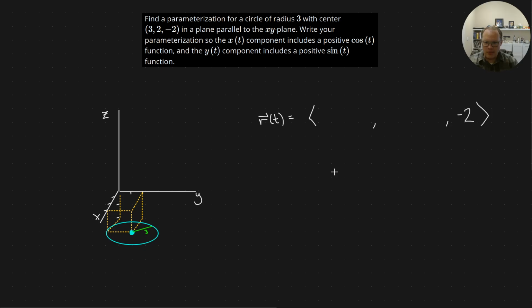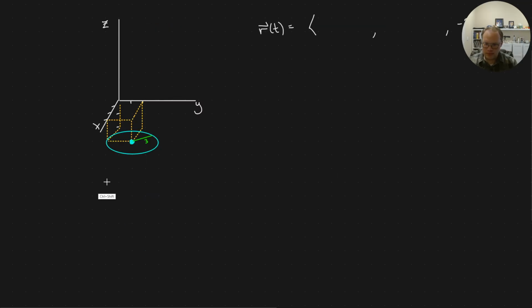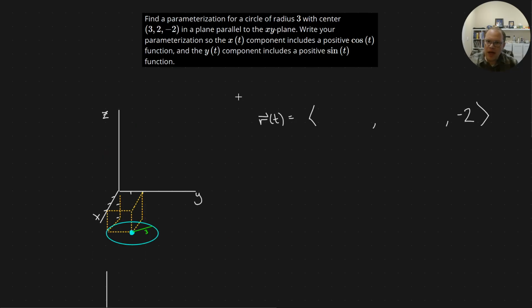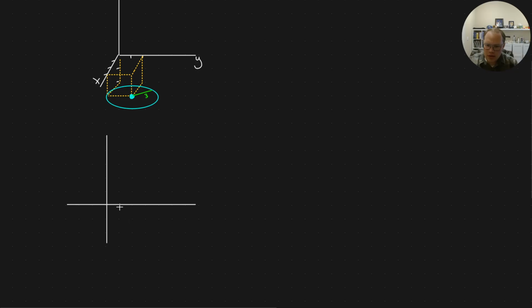So in the xy plane, the x was 3, the y was 2. Looking down from above, the z-axis is pointing right at your face. Here's x, here's y, and we have a radius of 3.